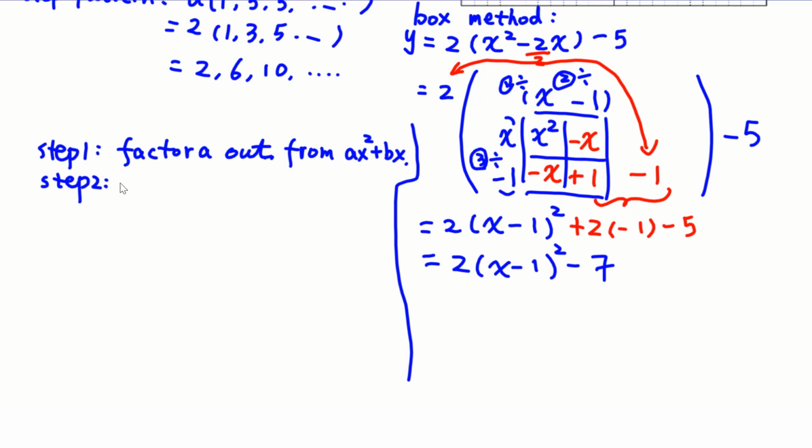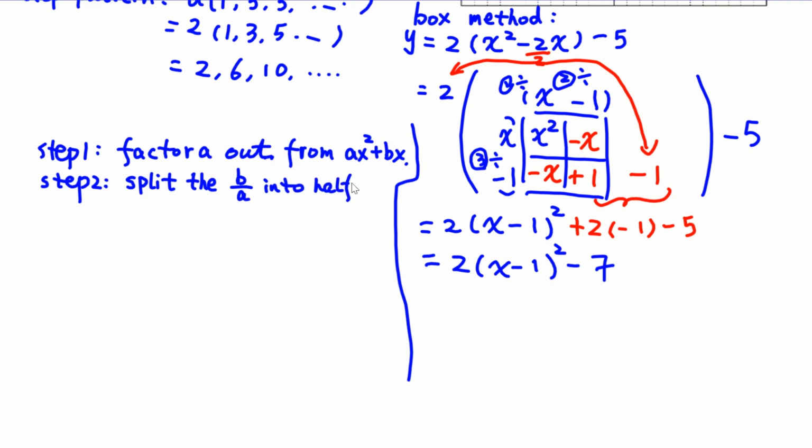Step 2, we are going to split whatever is inside the bracket, the new b value, by half. Split b over a into half. So that is your new b value.